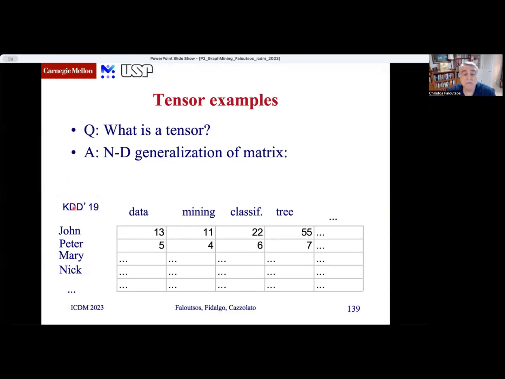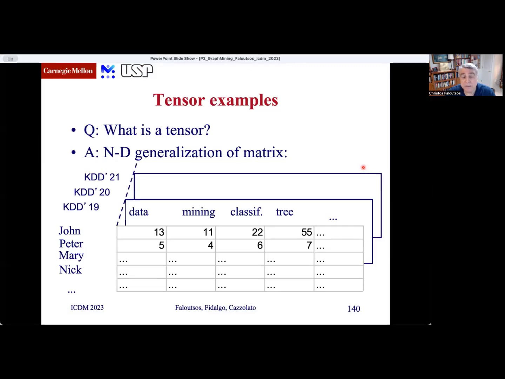For example, we have the adjacency matrix of which researcher uses what word in his or her publications. So John in KDD 19, in his papers, used the word data 13 times, the word mining 11 times, Peter 5 and 4 and 6 and so on, right? So that was KDD 2019.